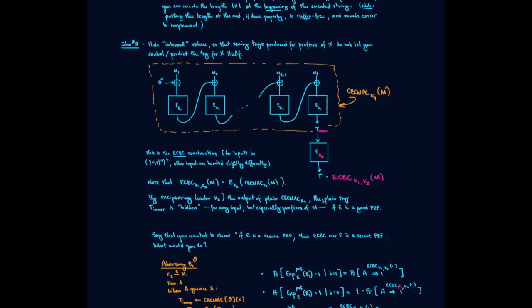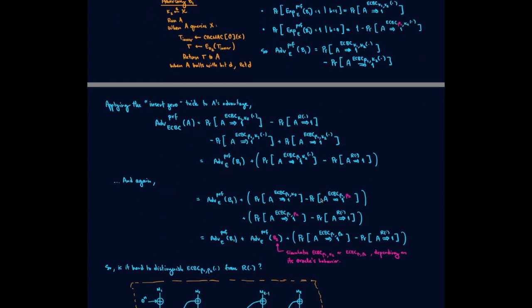Or you can't do either of those. So far, we've got the PRF advantage of ECBC is equal to breaking the inner block cipher, or breaking the outer block cipher only, or breaking ECBC structurally.